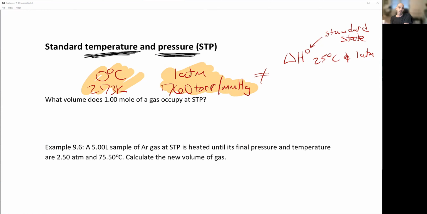We see delta H naught, and S naught in our basics, but our enthalpies were all in standard states of 25 degrees Celsius and 1 atmosphere. So we have to make sure that we know the difference between standard temperature and pressure and standard state. Those two things are in fact different.